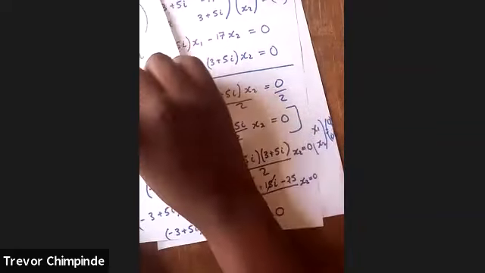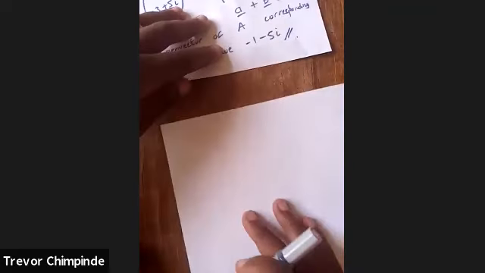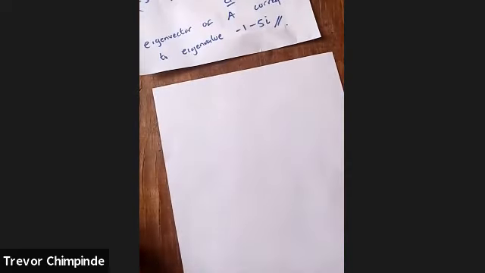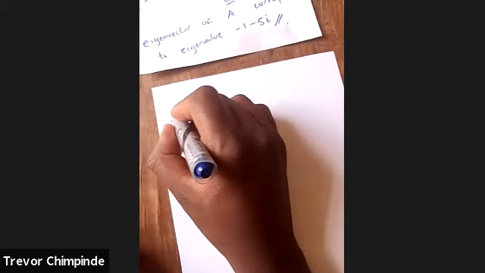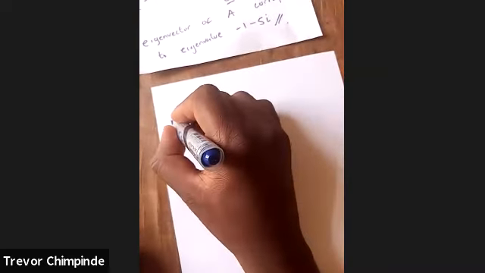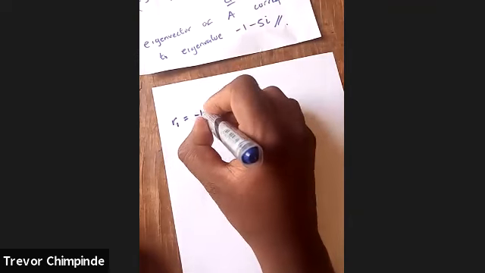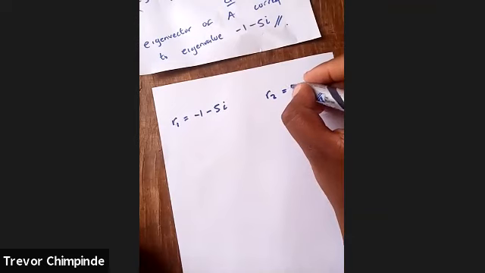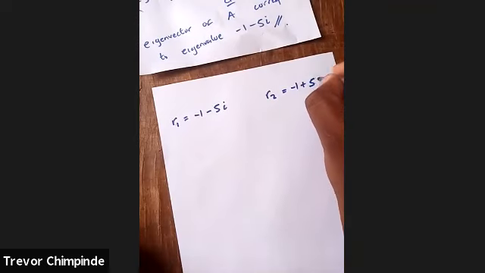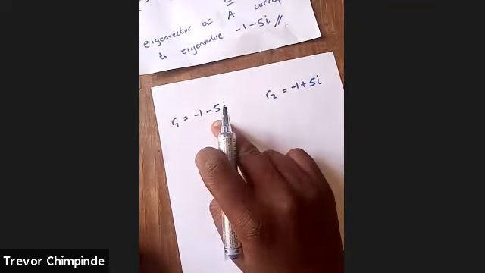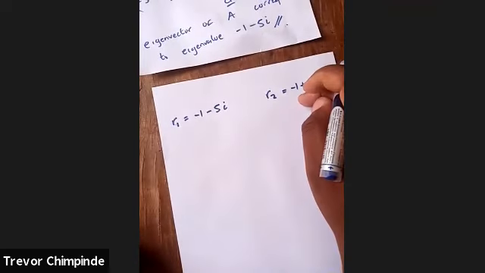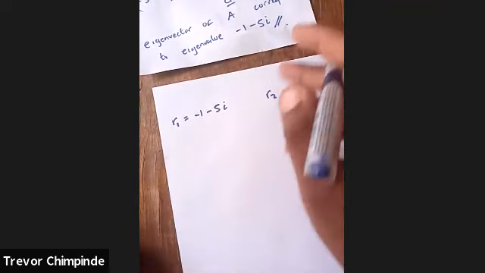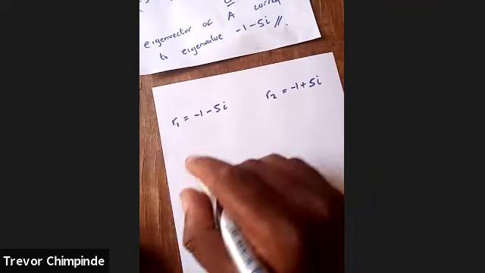But when it's complex, things become a little bit nice. You had R1, which we found as -1 minus 5i, and your R2 was -1 plus 5i. You see that R1 is the complex conjugate of R2, and it's also going to apply for the eigenvectors. So it reduces our work.